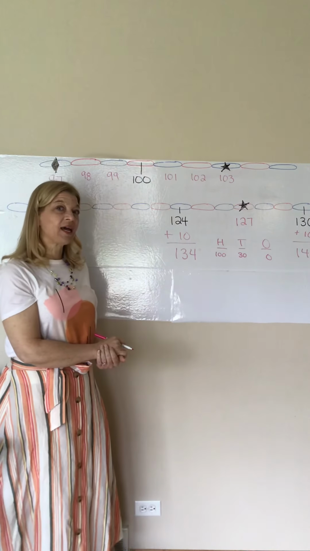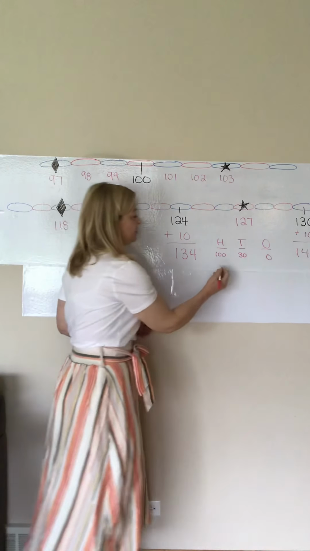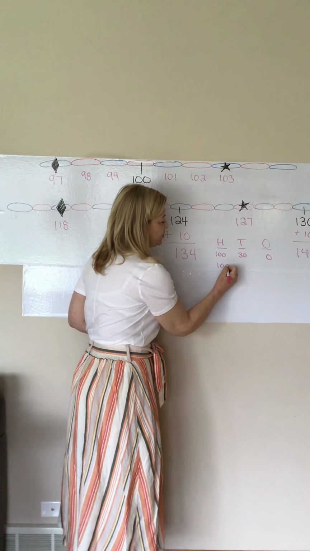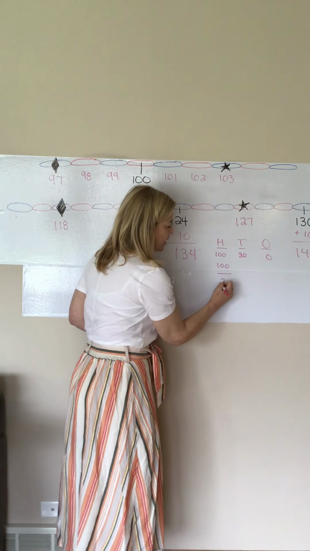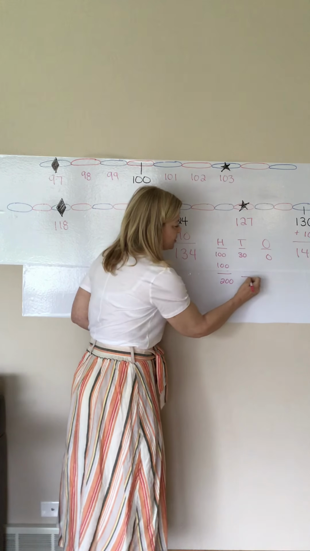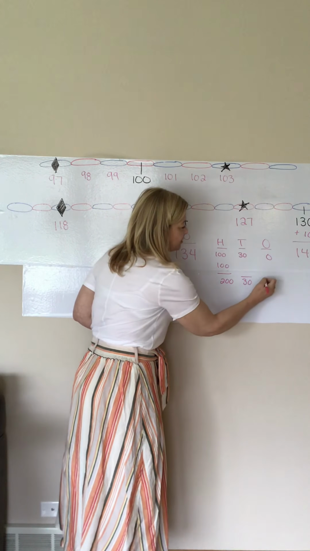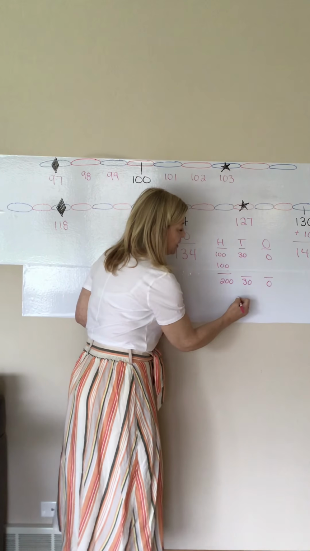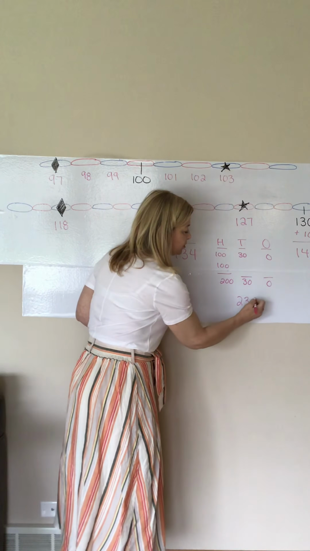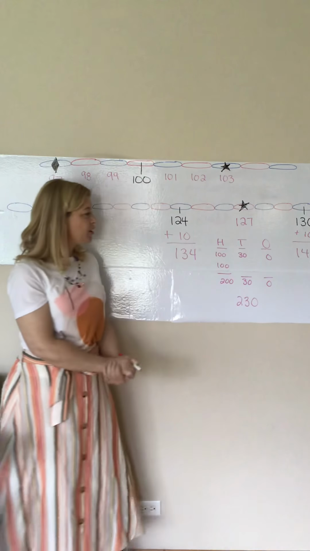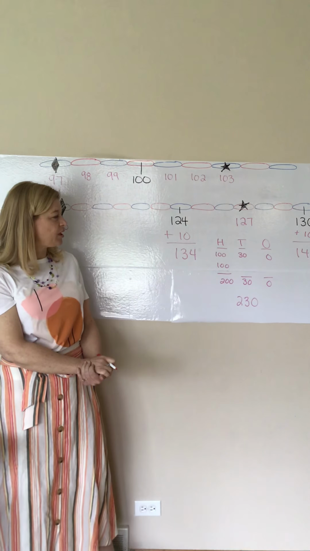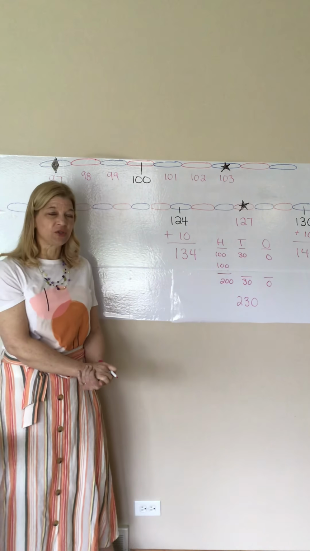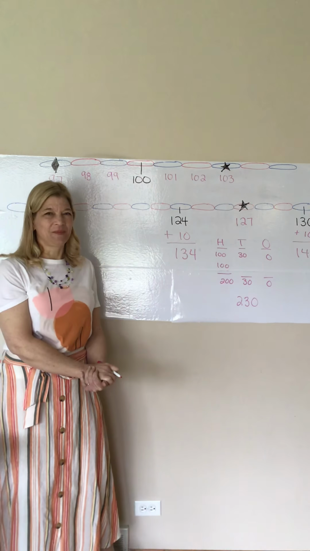If I wanted to add just one more 100, I would put that over here. And now I have 2 hundreds, 3 tens, 0 ones, and that would be the number 230. So 130 plus 100 equals 230.